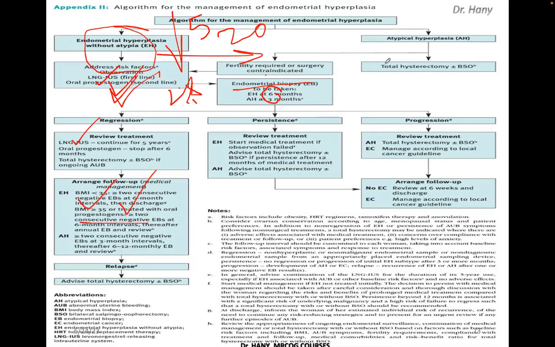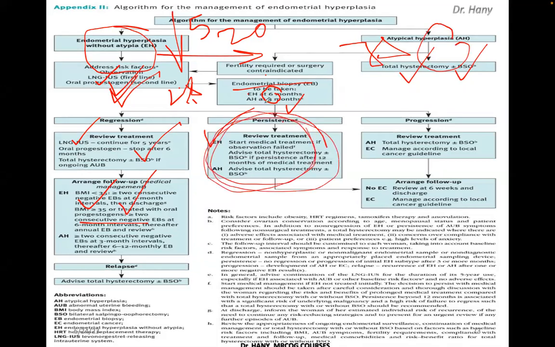Endometrial hyperplasia with atypia: total abdominal hysterectomy and bilateral salpingo-oophorectomy. If young, 35, both Mirena or progesterone, and follow up the patient every 3 months. Unless she has 1 negative, refer her to a fertility specialist; once the family is complete, hysterectomy. Persistent hyperplasia after treatment, hysterectomy. Even if it is improved from atypia to hyperplasia, but still persistent hyperplasia, this is an indication for hysterectomy after treatment.